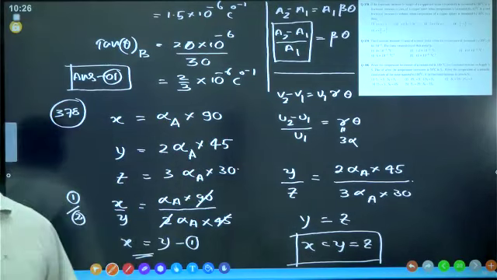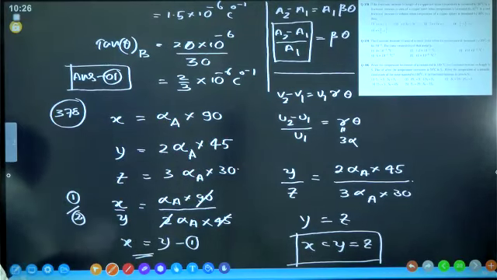Can we complete? The correct answer is the first one. No need to simplify more.